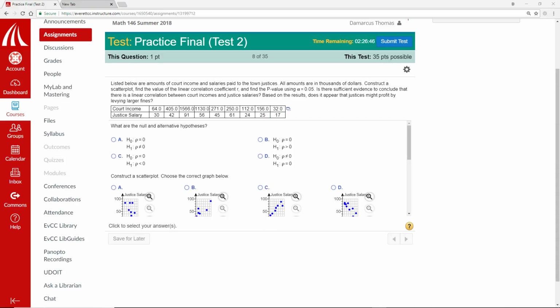That's the first thing I'm going to do. So I'm just going to take a moment and enter these values into a list. In fact, I'll use list 3 and list 4. $405, 1566. Just going through the steps. Let's see. This is actually taking a pretty long time.